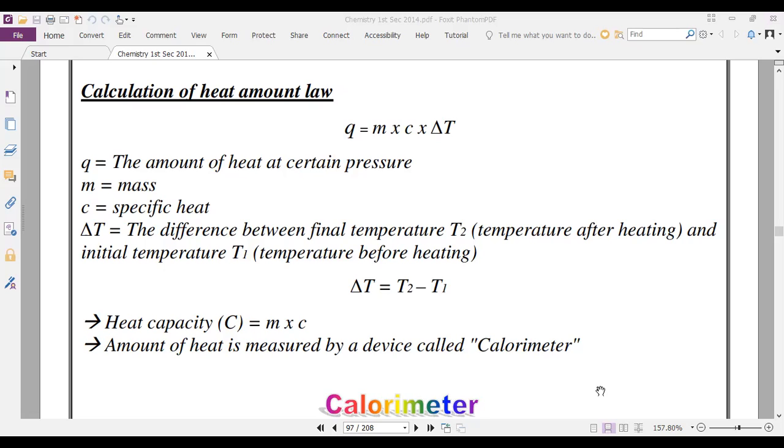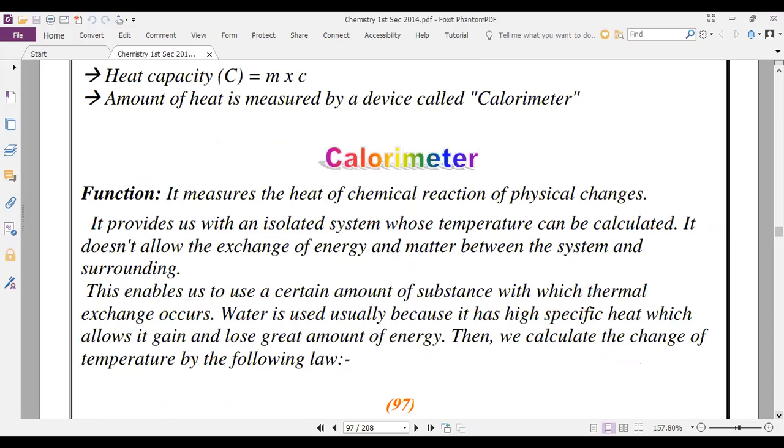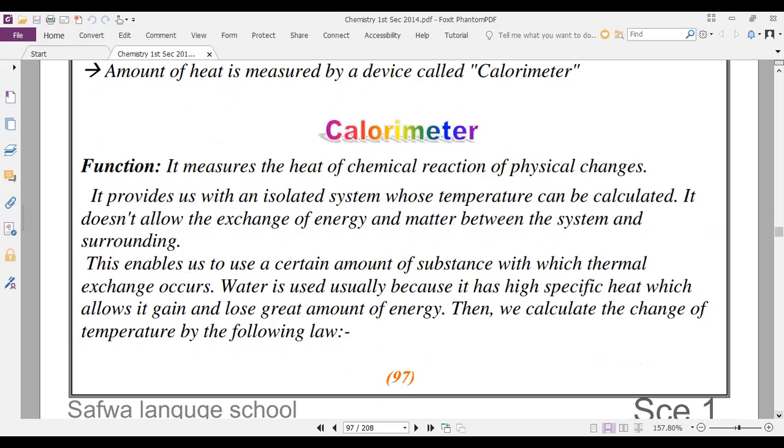And we said before that the amount of heat is measured by a device called the calorimeter. What is the function? Wait for 1 minute. Yes, I will do something because a problem happened, I think. It's okay, take your time, Mariam.